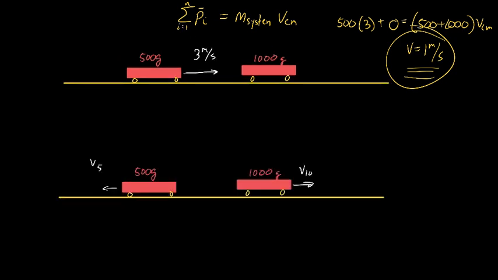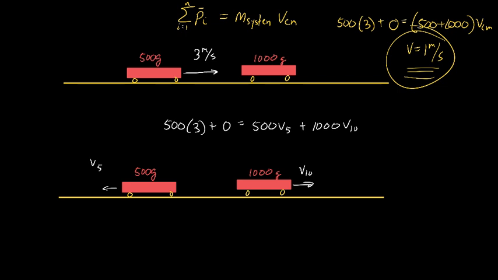Remember, in an elastic collision, there's a certain statement being made to you. They're telling you something about the collision, just like in a perfectly inelastic collision. In all collisions, momentum is conserved. That doesn't tell you enough.